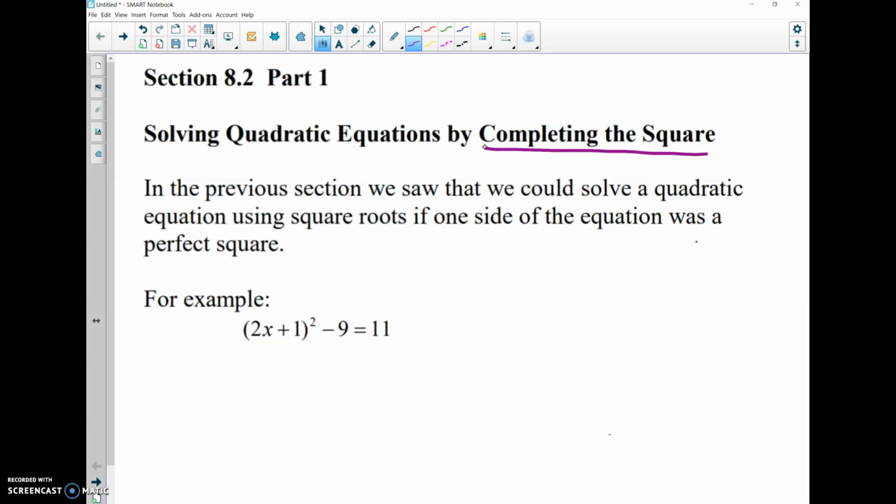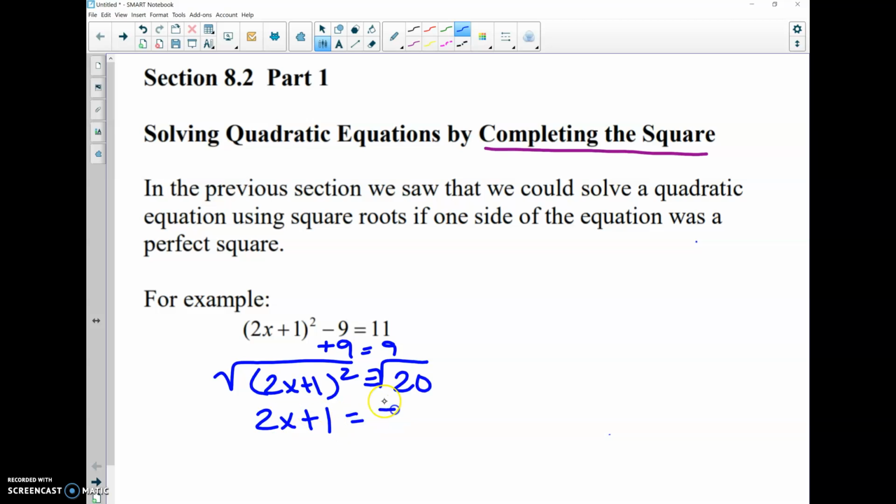For this example, we have only the variable x in one spot and it's isolated inside of something that's being squared, so we can take a square root. Our first step, we have to get rid of our 9. Take the square root.